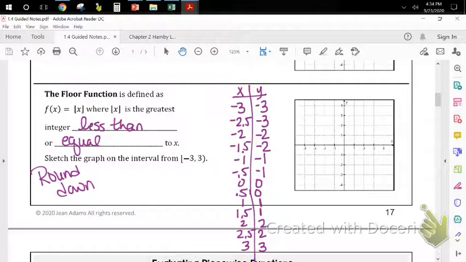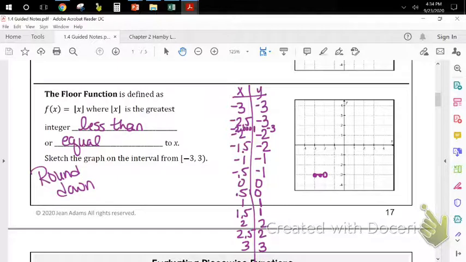So when we go to graph this, we've got -3, -3, and then -2.5 is -3. Well, again, I didn't put it, but what about -2.0001? That would also round down to -3. So what we're going to do is right here at the -2, we're going to put an open circle because it's not included, but the number right next to it is.